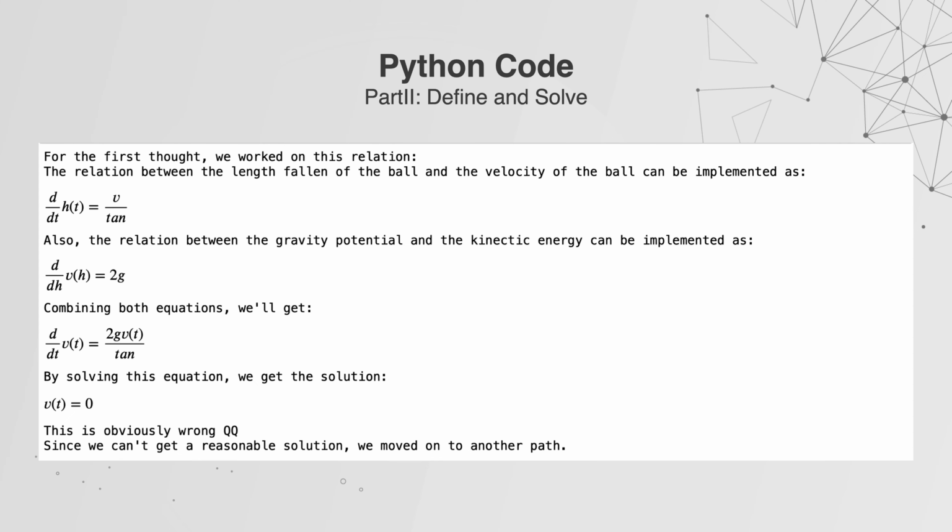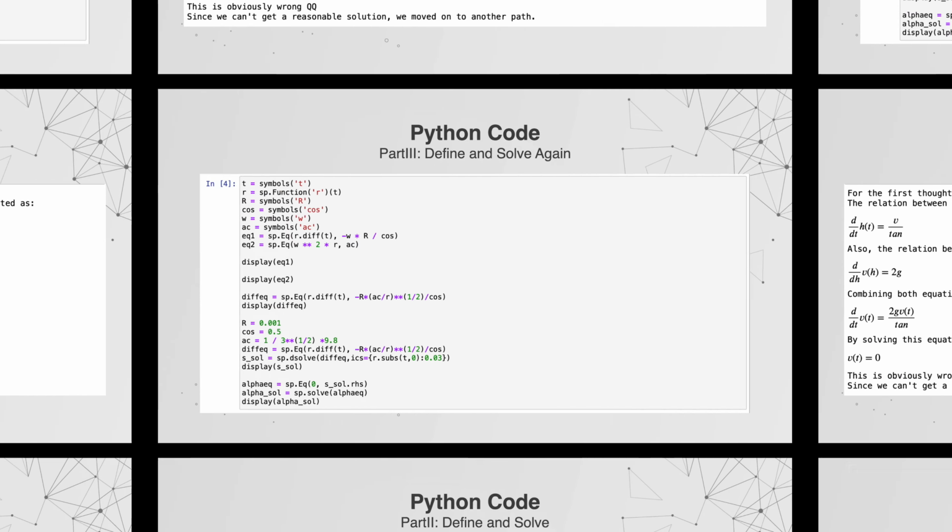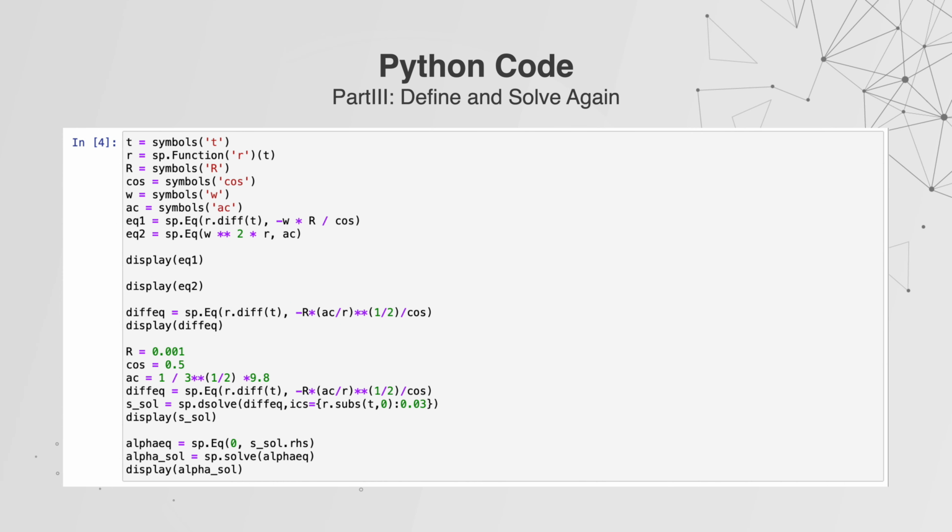The third part of our code is the second attempt to solve the time. This time we also define some symbols, and most of them are the same, but this time we'll need AC. AC means the centripetal acceleration, which is 向心加速度 in Chinese.